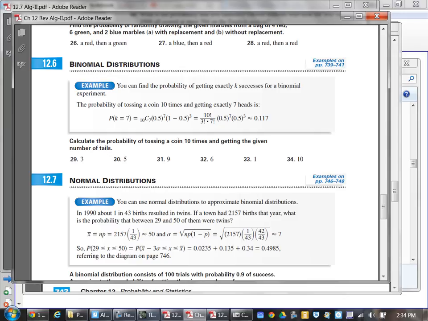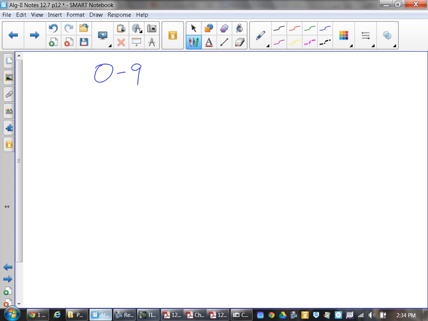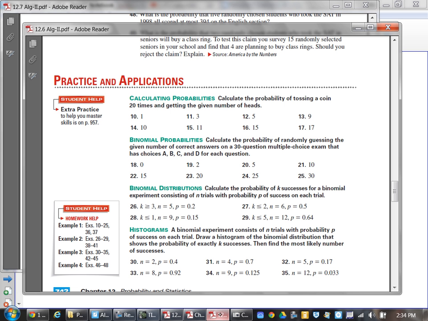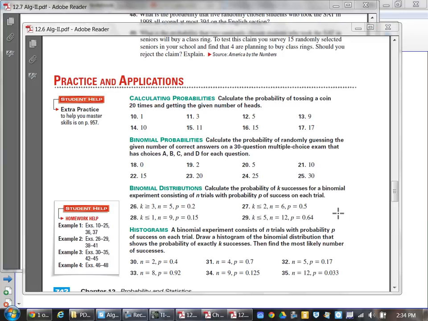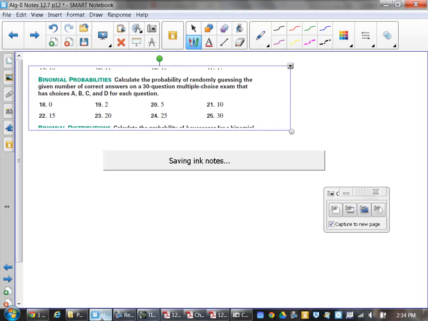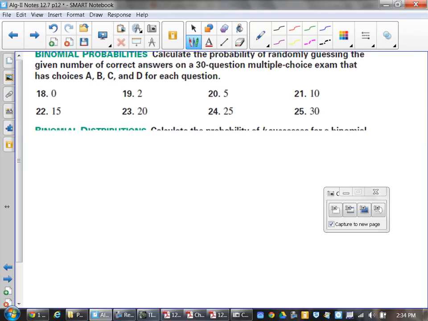What you're looking for is, if you have the probability, I'll do that example. Where you have the probability of, your n value is 30. And you want to get, what's the probability you're going to get 25 correct if you just randomly guess?